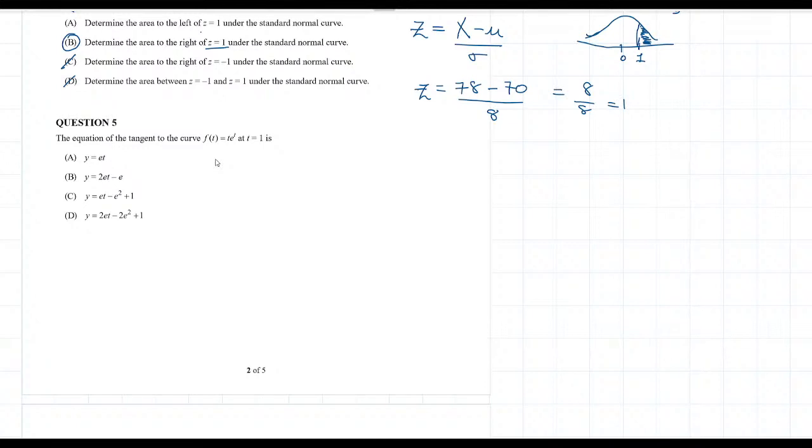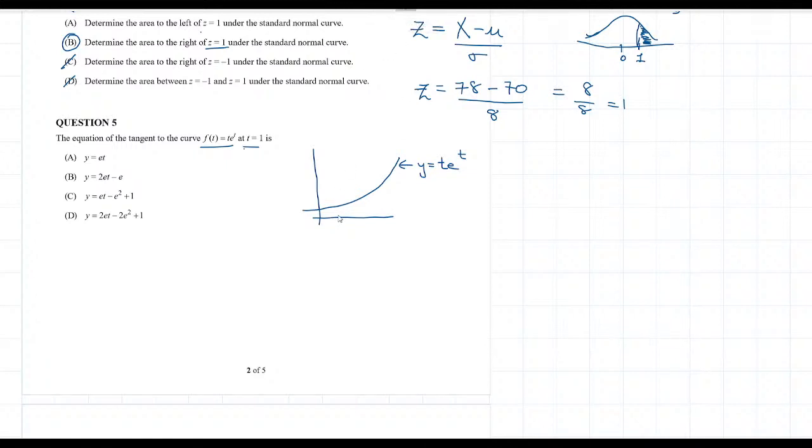Okay, question 5. The equation of the tangent of the curve f of t equals t e to the power of t at t equals 1 is. If we draw that, we've basically got a function t e to the t, that function there.